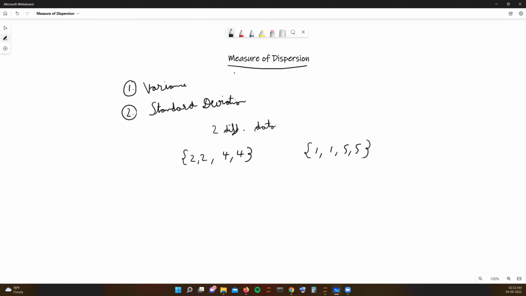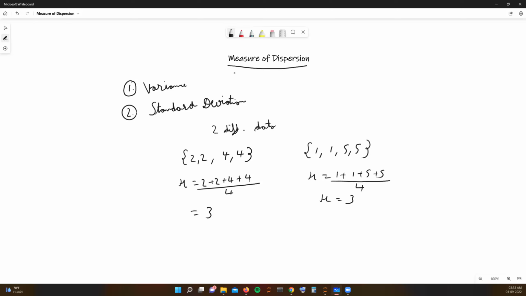Now, if you calculate the mean, the mean of this will be 2 plus 2 plus 4 plus 4 divided by 4. So the mean will be 3. And for this also, your mean will be 3 itself. So here you can see both the distributions are having the same mean.